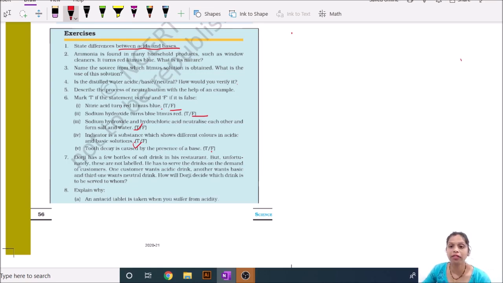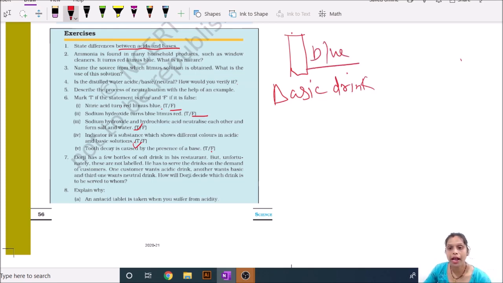Do you know that whenever we take a blue litmus paper and drop it into an acidic drink, it converts into a red color.